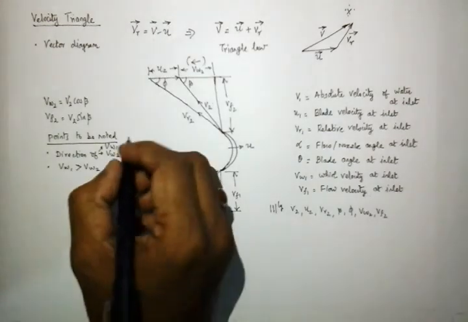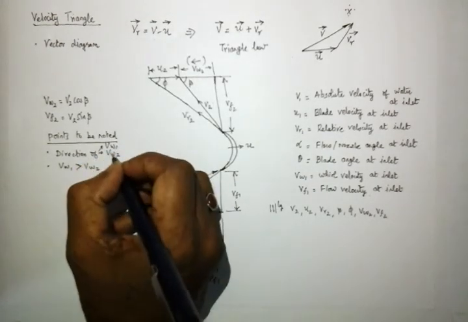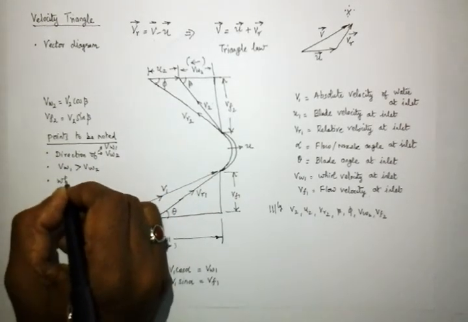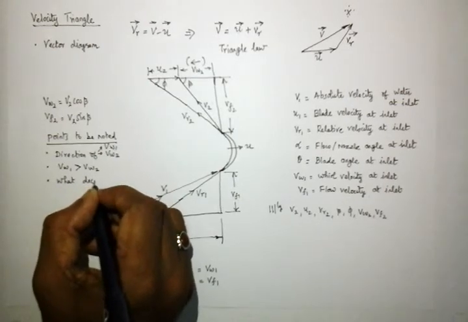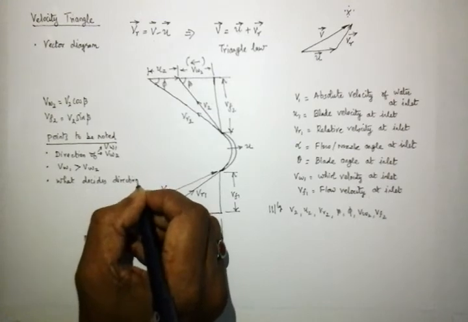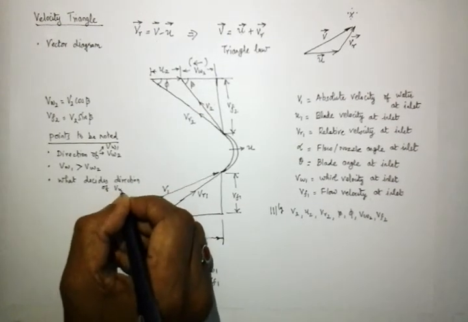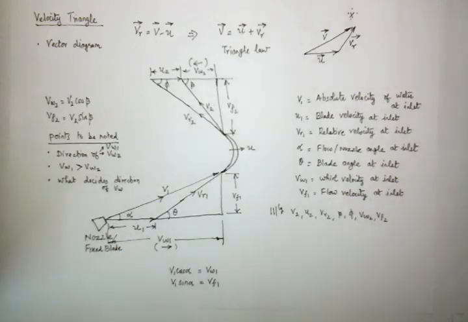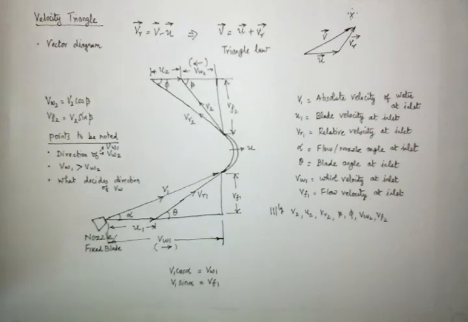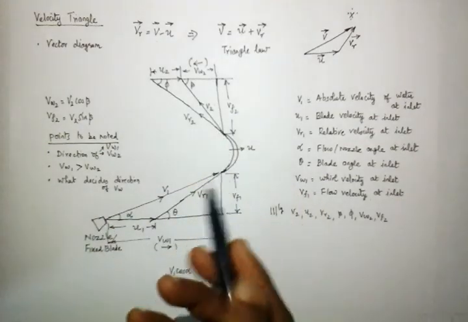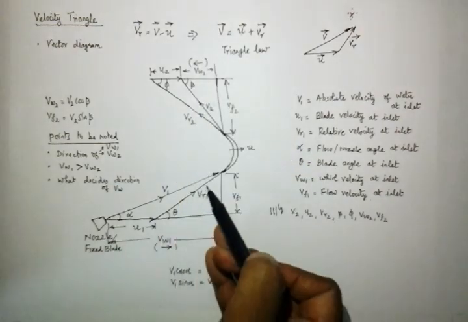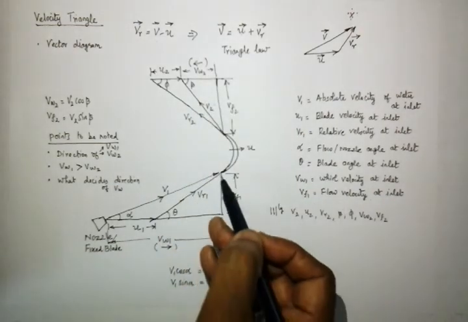On what factors do the magnitude and direction of VW1 and VW2 depend? What decides or affects the direction of the whirl components at inlet and outlet? We have shown here it is in the same direction, and here in the opposite direction. It depends upon the profile of the blade.